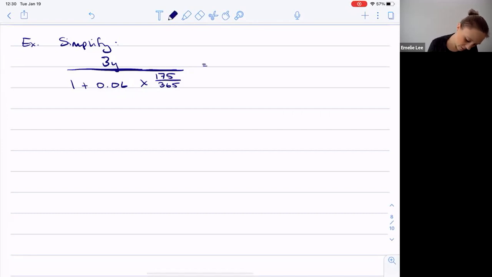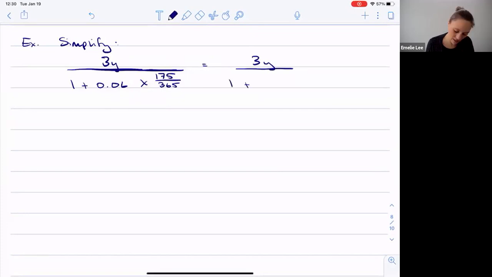So this is going to be 3y divided by 1 plus, and I'm going to keep this 0.06 times, and I'm going to use brackets instead of this multiplier, only because when I use x's or the times, they end up looking like x's, and that can be really confusing. And what I want to do is 175 over 365.